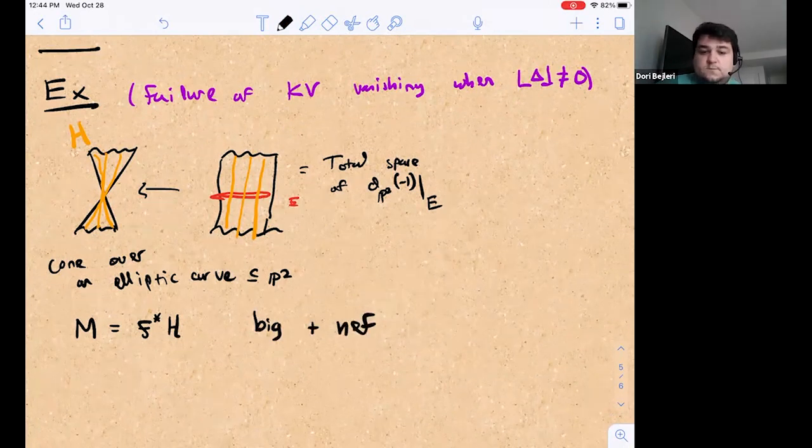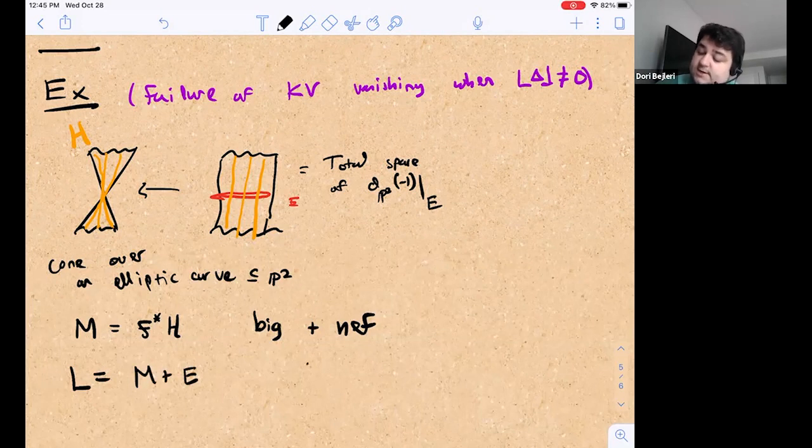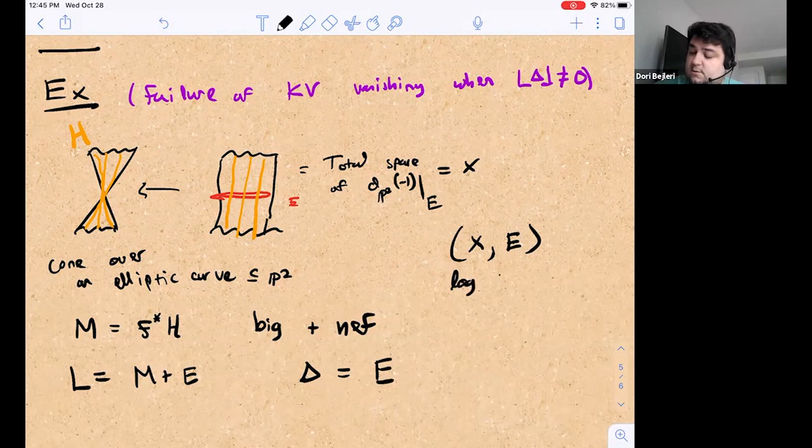And now we're going to let L be M plus E. So our boundary delta is just E with coefficient 1, and our pair is this total space X with this E. And so this is a simple normal crossings pair. In fact, it's just a smooth variety with a smooth divisor, but the coefficient is 1, so this is a log canonical SNC pair.